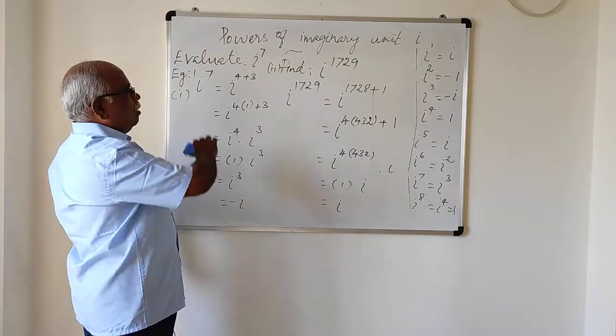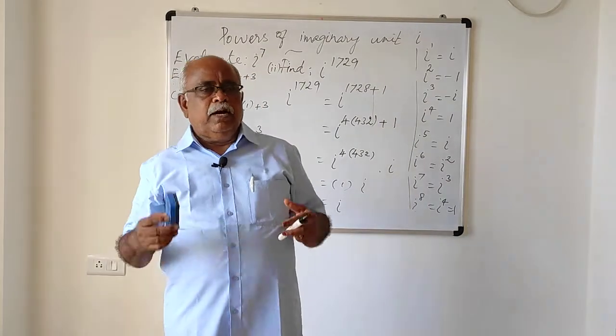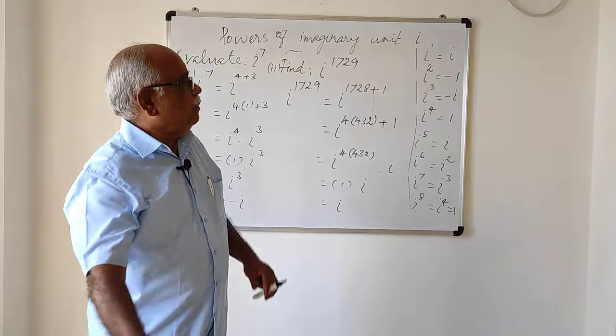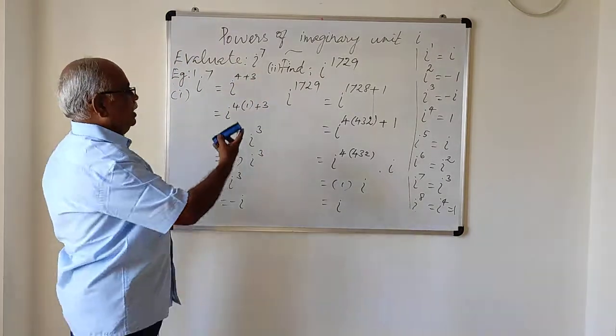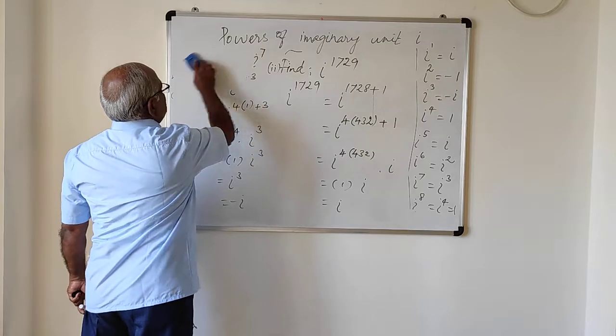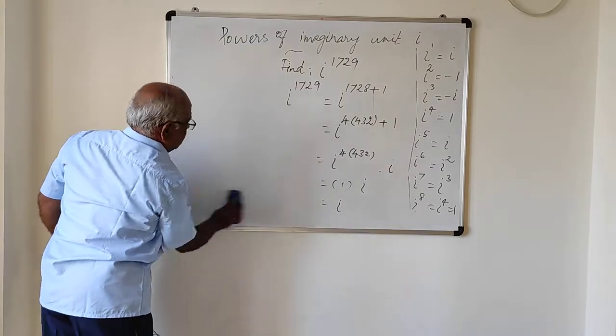Now, using all this idea, I came to a conclusion about how we find out the powers, and I have listed out the results we have derived so far. Okay.